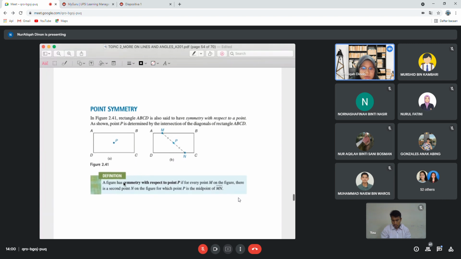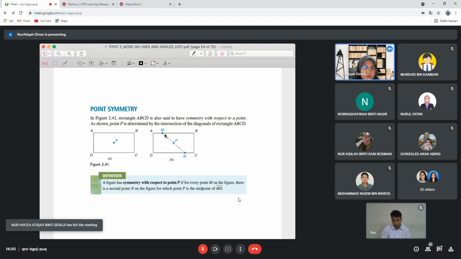A figure has symmetry with respect to point P if for every point M on the figure, you can move M anywhere in the rectangle ABCD, and there is a second point N on the figure for which P is the midpoint of MN.